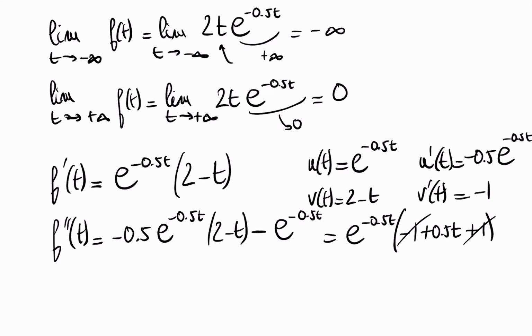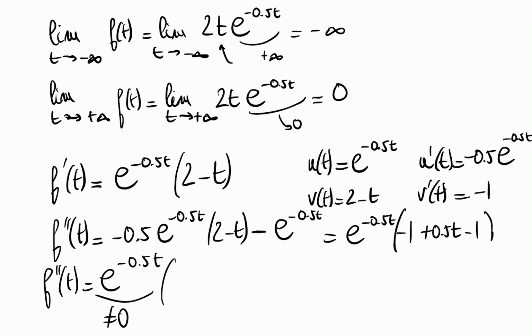So therefore, okay, minus 1, and it's minus 1. So therefore, f double prime is equal to e to the minus 0.5t, which is always different from 0, and here we have 0.5t minus 2. So therefore, f double prime of t equals 0 when t equals 4.